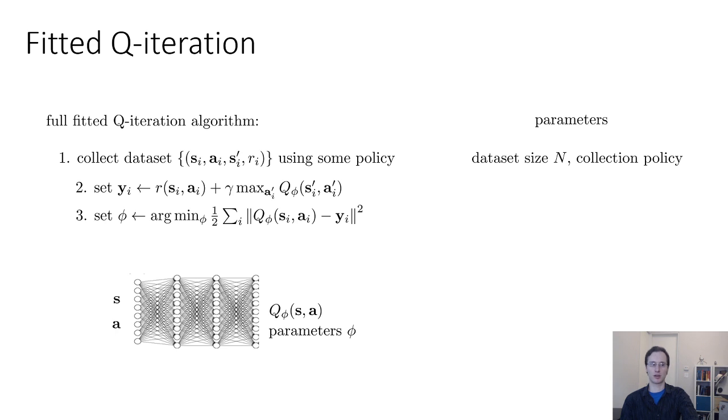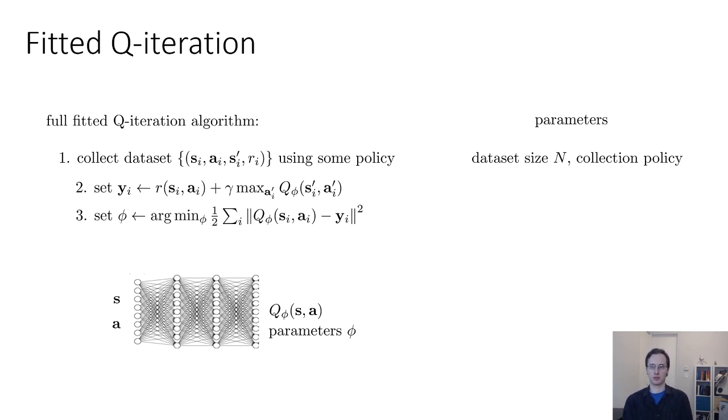I should mention, by the way, that a very common design for a neural network architecture for a Q function with discrete actions is actually to have the actions be outputs rather than inputs. So an alternative design is to input the state S and then output a different Q value for every possible action A. You can think of that as a special case of this design, and I'll discuss in class a little bit how those relate.